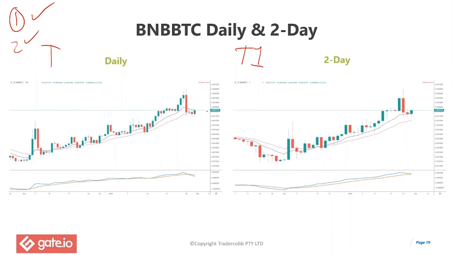Number 3, moving averages must be in the correct order on the next higher time frame. Are they in the correct order on the 2-day? Yes or no? Yep. Rule number 4. Entry candle must be in the Cradle Zone. Now, this is on you.